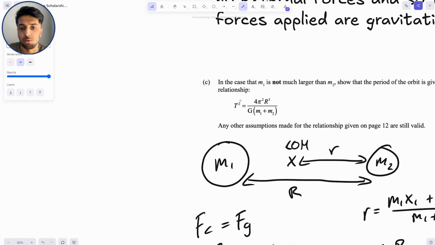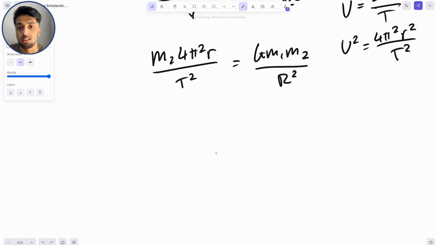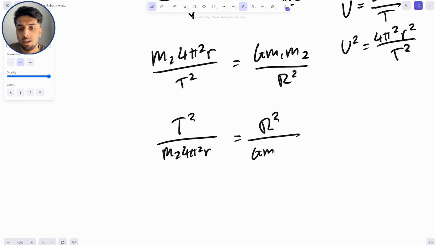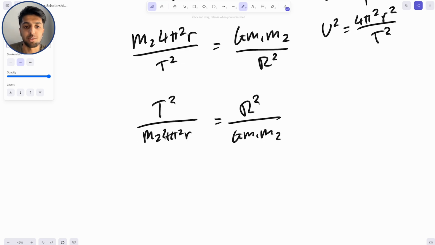Now, in our equation, we want t to be at the top of the fraction, so we can take the reciprocal to invert the fractions. So we get t squared is equal to m2 4 pi squared r is equal to r squared G m1 m2. Now that we have m2 on both sides and it's both on the bottom, we can cancel these out.